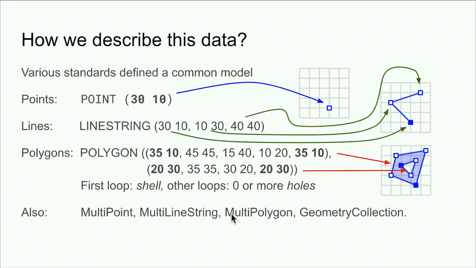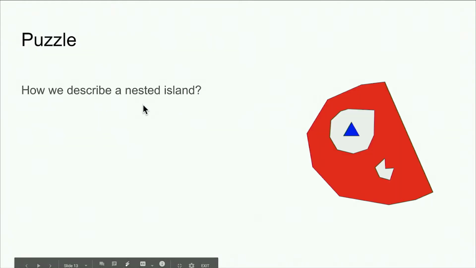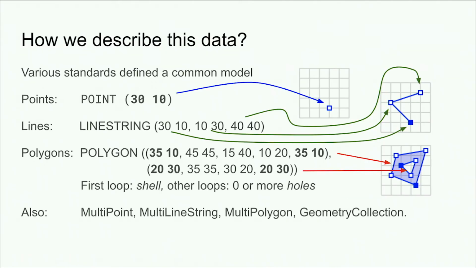How do you describe that data? The format I show here is called WKT, but it doesn't matter. All different formats are very similar except different encoding. They just provide coordinates. If you have a single point, coordinates of that point is what your data contains.